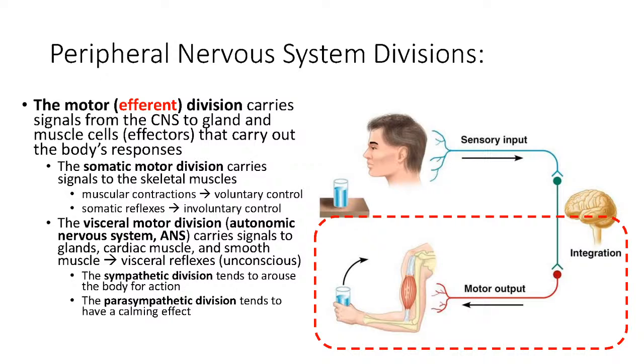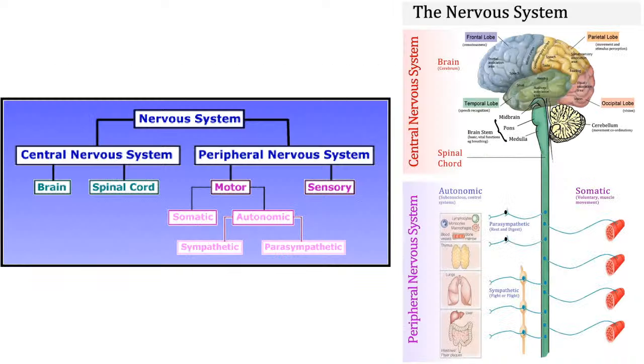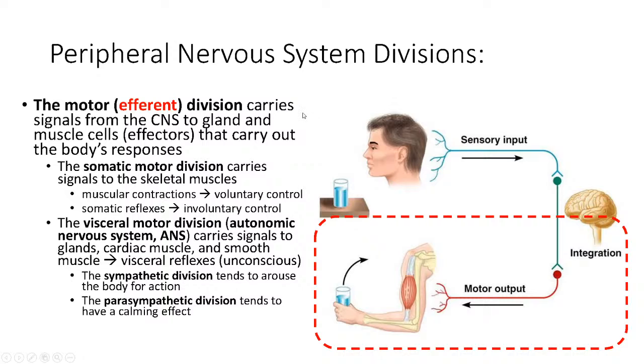In order to produce that movement, that knee jerk, you had to stimulate skeletal muscle, but you didn't make the conscious decision to do that. It's part of a reflex arc that involves the spinal cord, not the brain. And so anyway, not always.